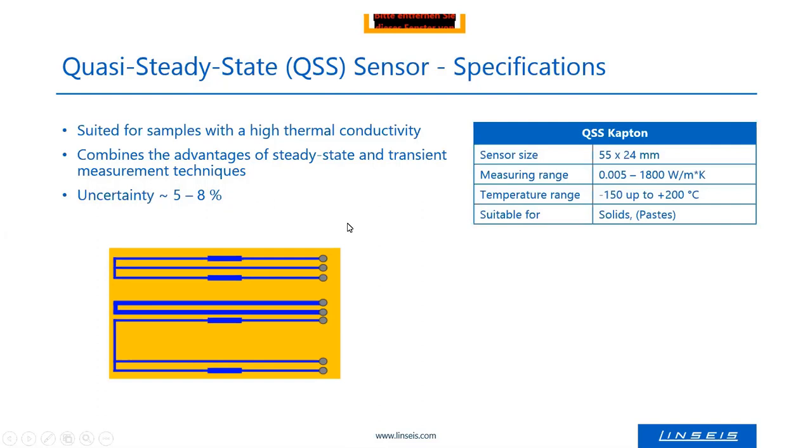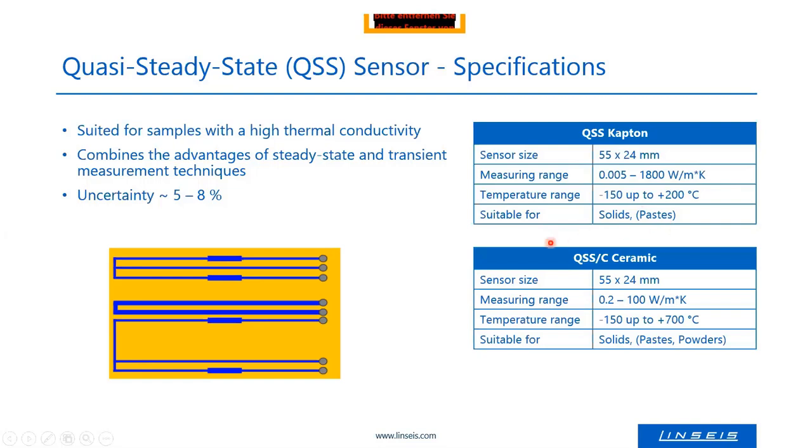The range is practically all; it's the whole range of thermal conductivity you can measure. The temperature range is the same as with the THB sensors. It's suitable for solids. It could be applied also for pastes and liquids, but it makes no sense because the THB sensors are better for pastes, liquids, and powders.